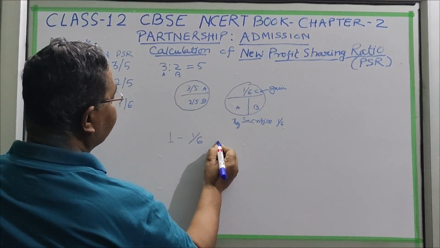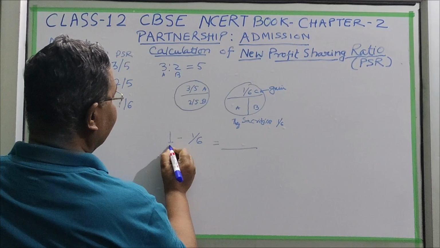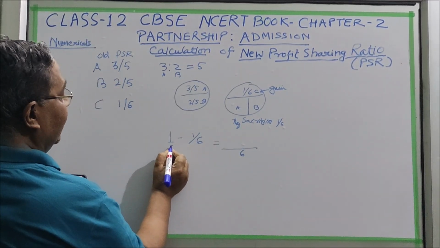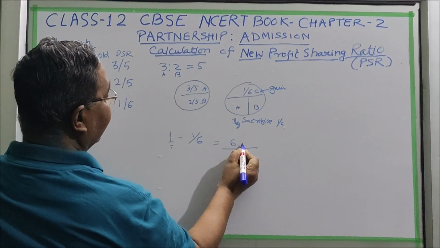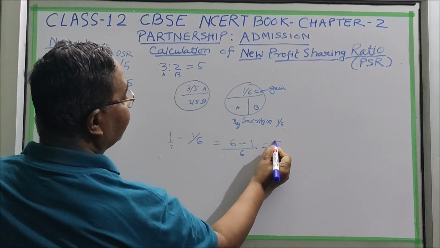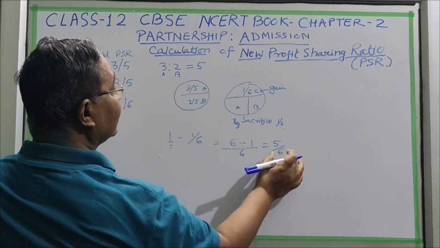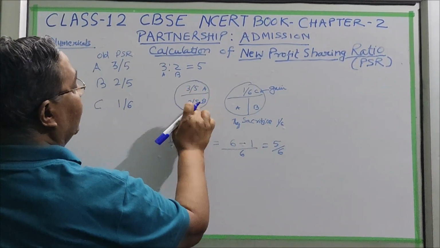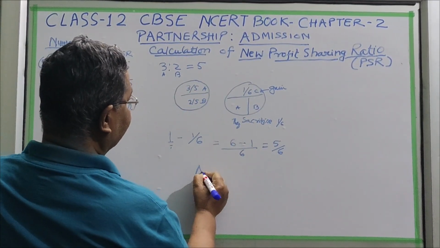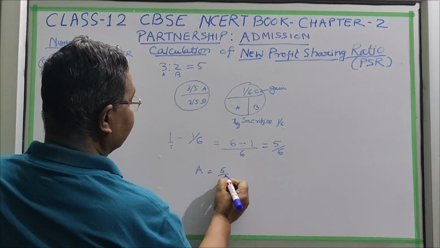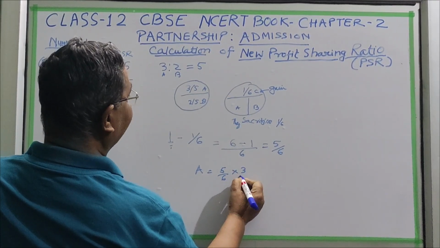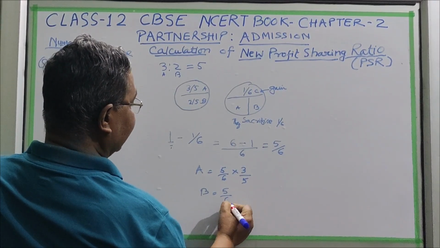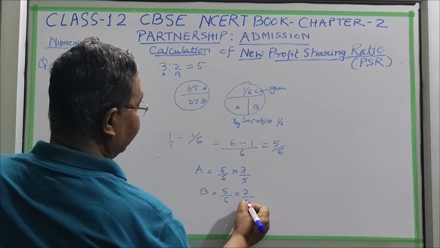So how much is remaining? Here we will take LCM 6, so 1 is hidden as 6 upon 6. 6 minus 1 is equal to 5 upon 6 remaining. This 5 upon 6, A and B will take in their old ratio. Means A will now get 5 upon 6 into 3/5 and B will get 5 upon 6 into 2/5.